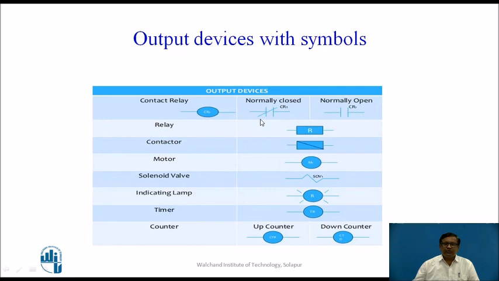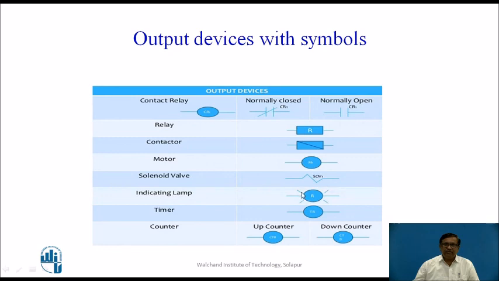Normally closed is shown by 2 vertical lines and 1 angled line, and this is a normally open contact relay. Then just a relay, this is a contact of the relay, and the relay is shown by this symbol. A contactor is shown by this symbol. A motor is shown by a circle with M written inside. A solenoid valve is shown by this symbol.